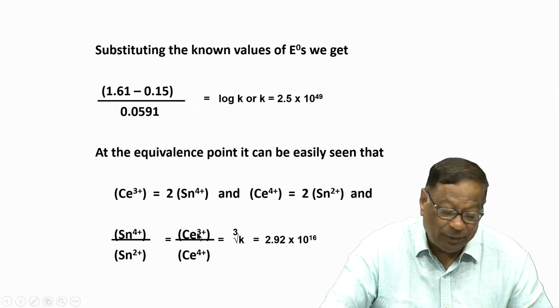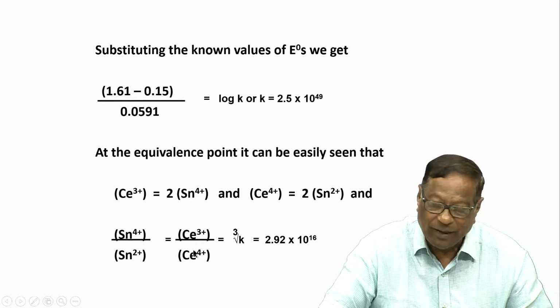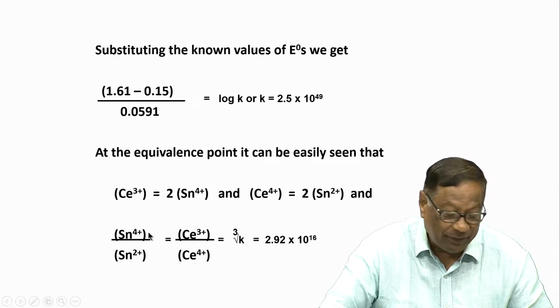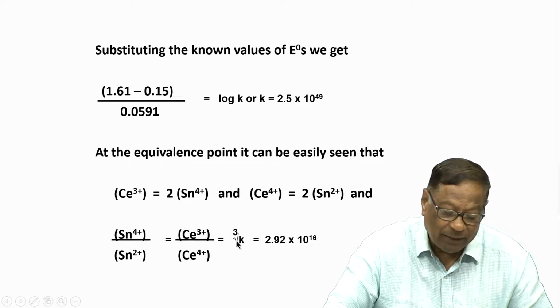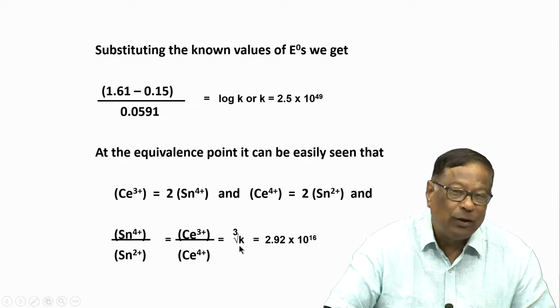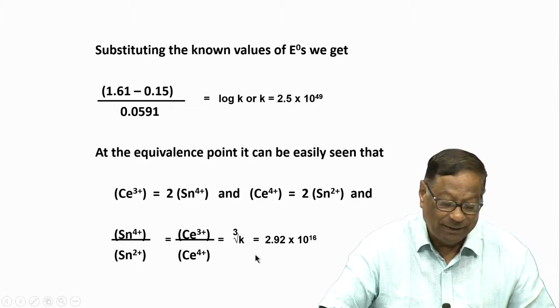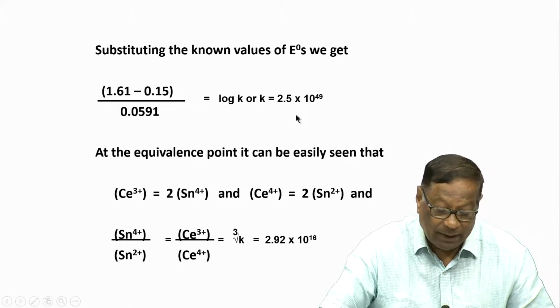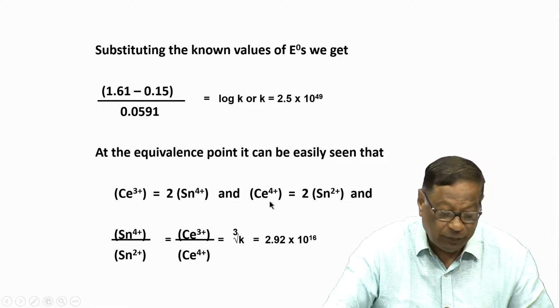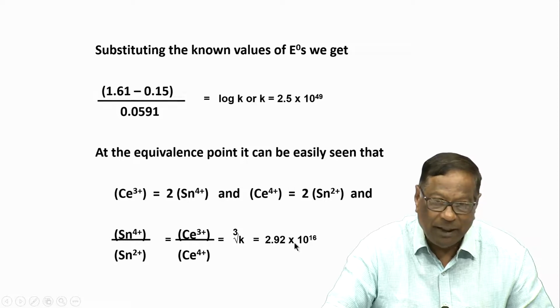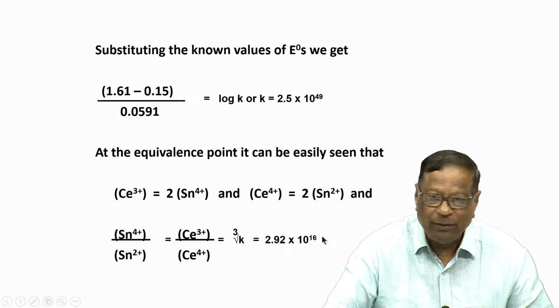So, I write the reduced species on the numerator and oxidized species on the denominator. So, the stannic to stannous ratio should be equal to cerous to ceric, and so the equilibrium constant for this reaction is given not by square root, but by cube root. Three species are there. So, the K value we know is 2.5 into 10 raised to 49 here. I take the cube root, and I get 2.92 into 10 raised to 16.